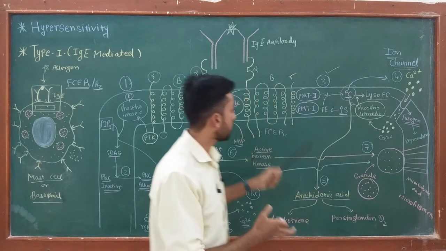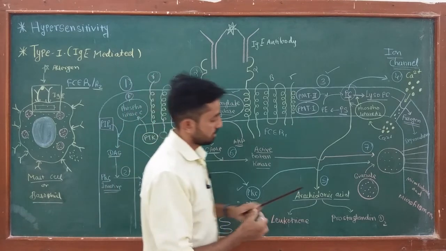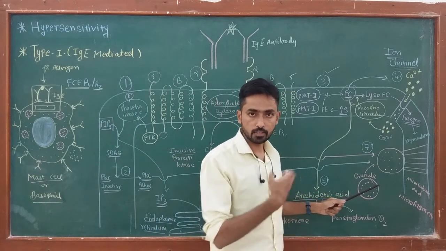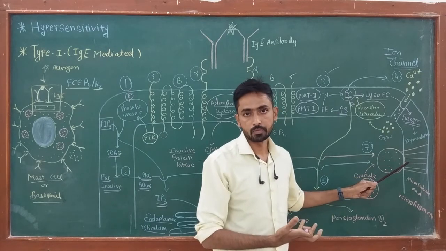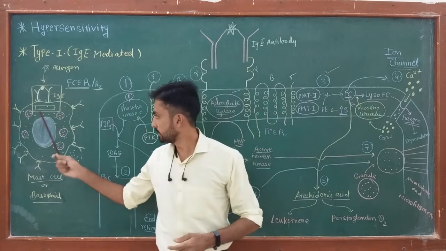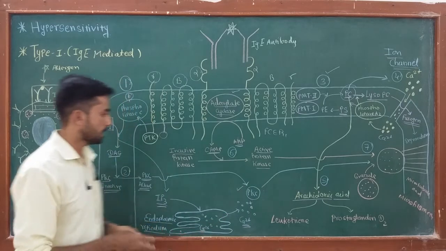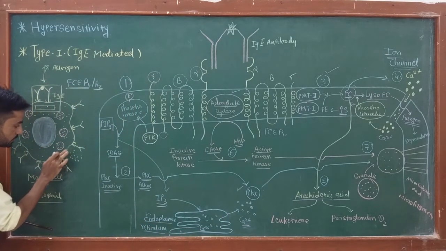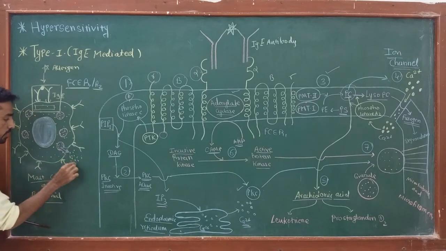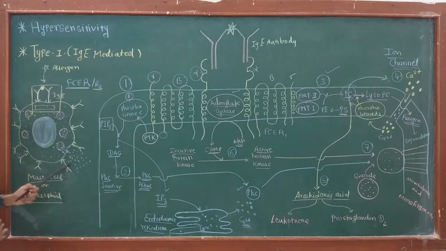So the end result of all these reactions is degranulation, or release of the content of the granule outside the cell. This happens inside the mast cell, due to which the granule fuses with the plasma membrane and the content of the granule is released outside the cell, which ultimately leads to type 1 hypersensitivity.